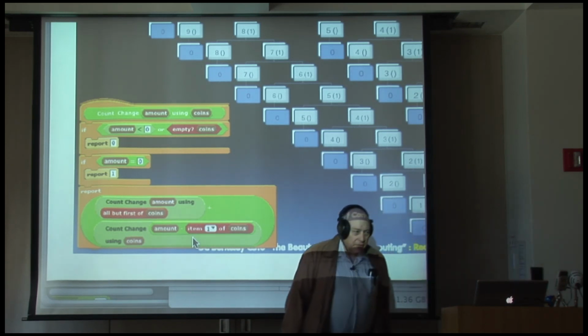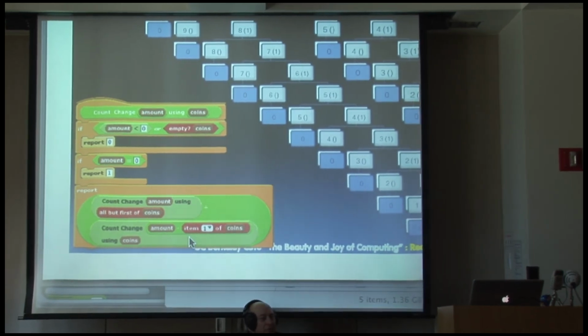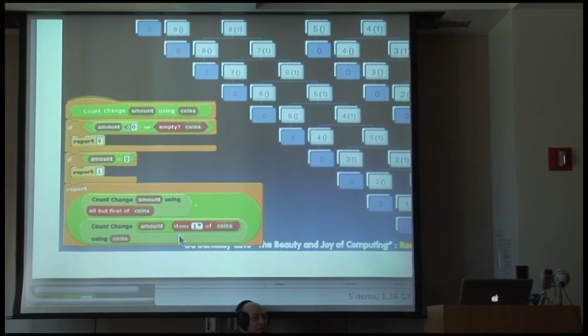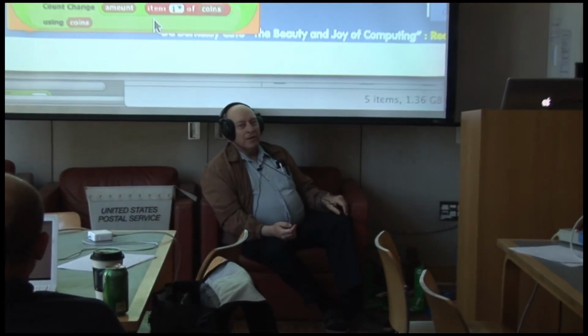If you were a recursion hater, you could have 4 nested loops, one about quarters, one about dimes, one about nickels, and one about pennies, and some global variable that you keep adding 1 to. Eventually you would get it to work, but it would take you a lot longer to debug than if you have this idea about dividing the problem into ways that use quarters and ways that don't use quarters.